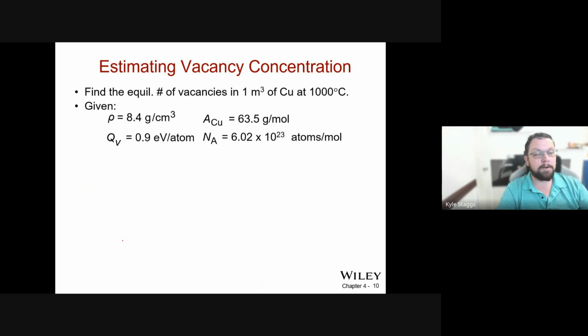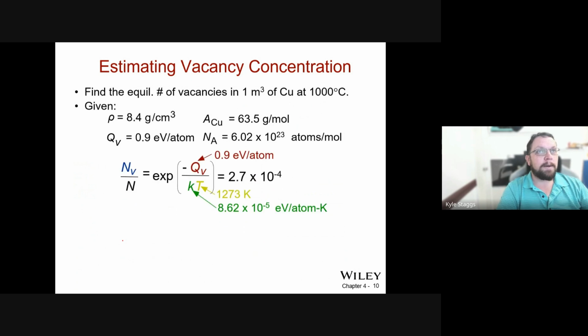Using Avogadro's number, we plug in the temperature converted to Kelvin. We plug in our constant in electron volts, since we have Q_V in electron volts, so that we keep units balanced, because the exponent should be unitless by the time we're done.